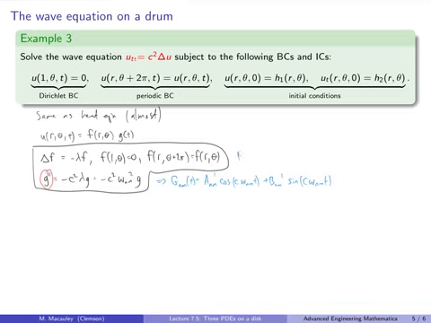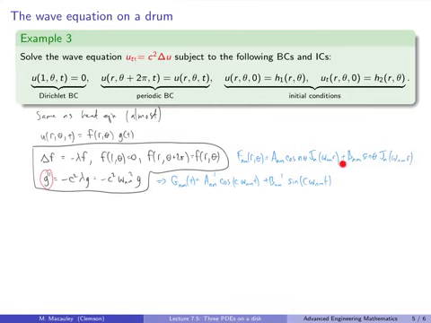So f nm of r, theta, I'm going to call this big A nm times cosine of n theta times J n of omega nm r plus B nm sine n theta J n of omega nm r.